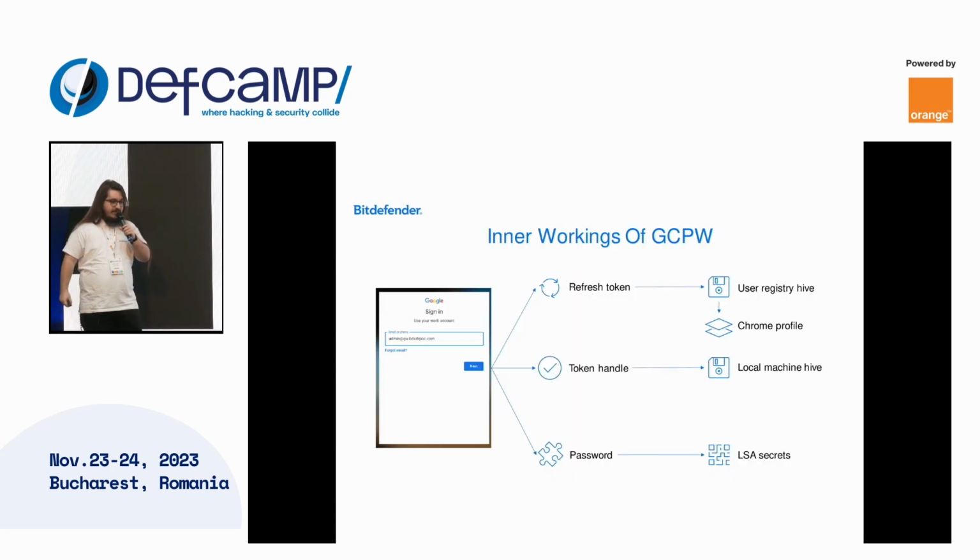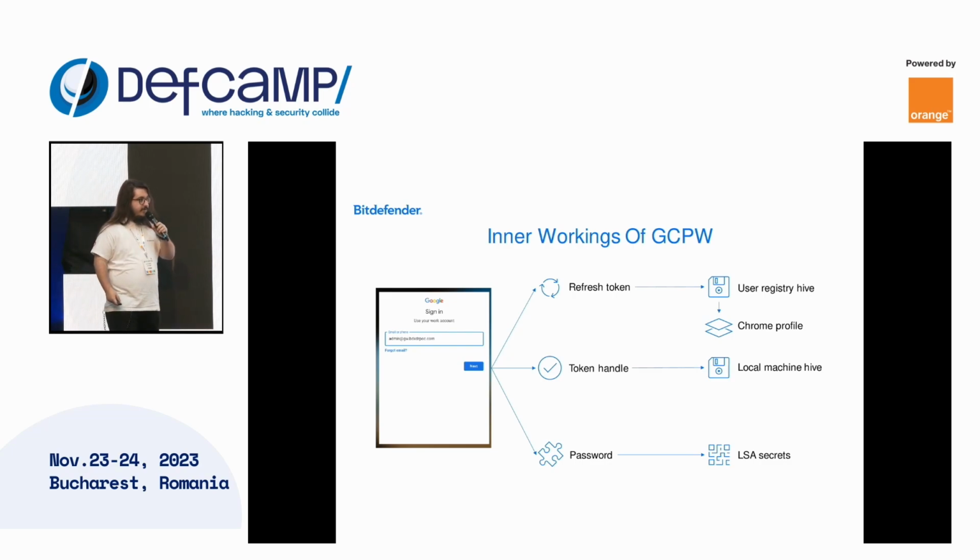Okay, so let's turn back to that Google login screen. When a user authenticates with that login screen, essentially three important things start happening. First off, a refresh token is generated for that user account. It's temporarily stored in the user registry hive. And then when the user next opens up Google Chrome, it's going to be stored there as well and deleted from the registry.